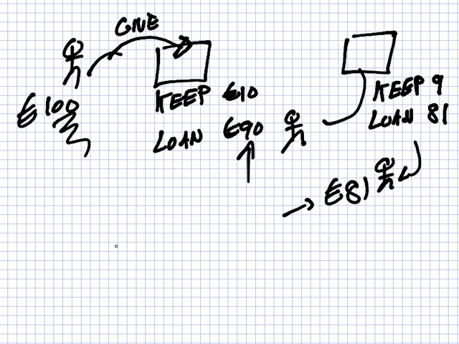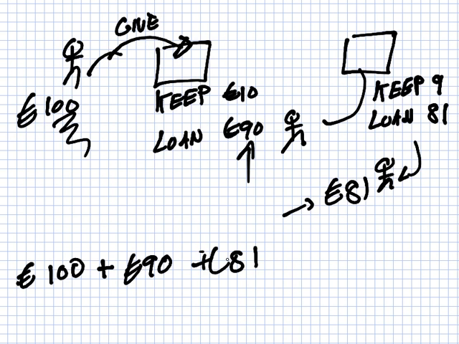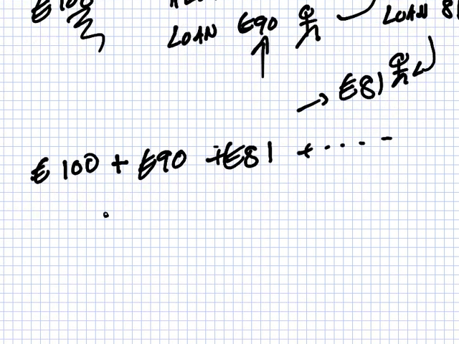Yeah. So let's see how much money my 100 euros has made. I had 100 euros, but then another person got 90, and then another person got 81, and this will continue. This is a GP. A equals 100, r equals 0.9.